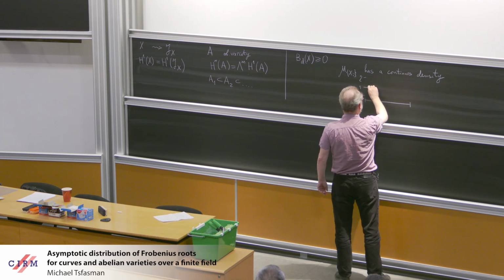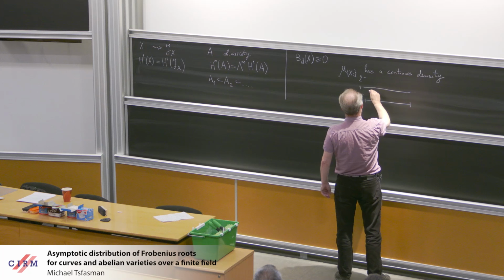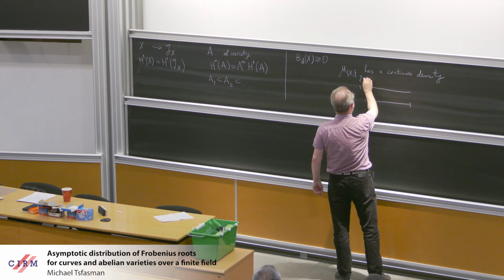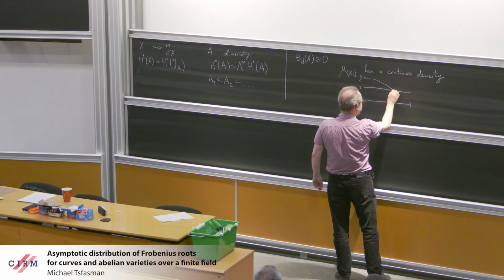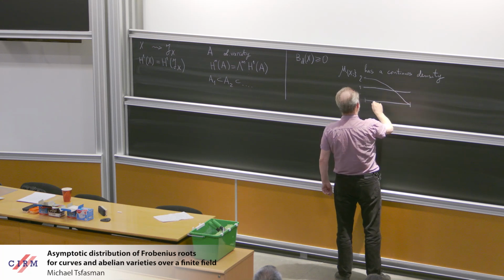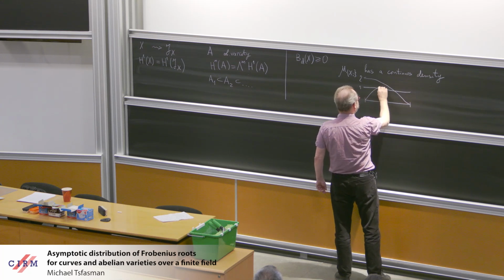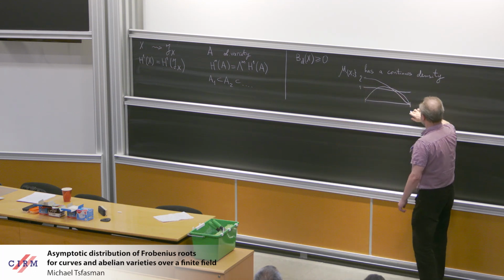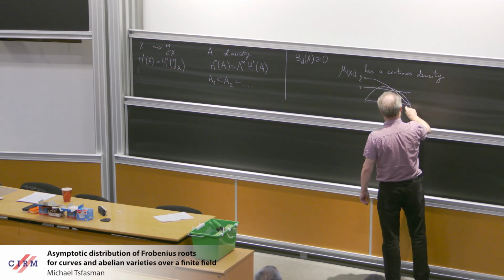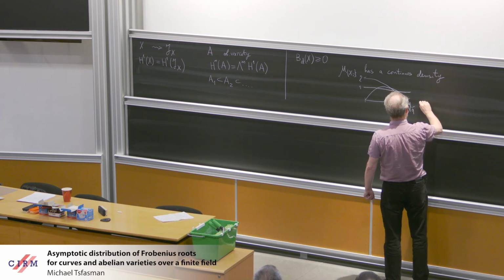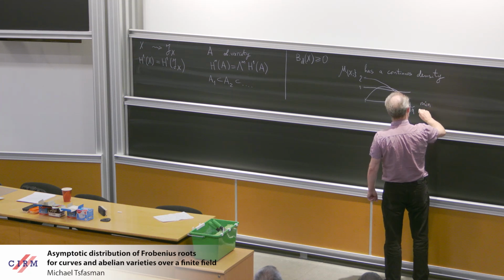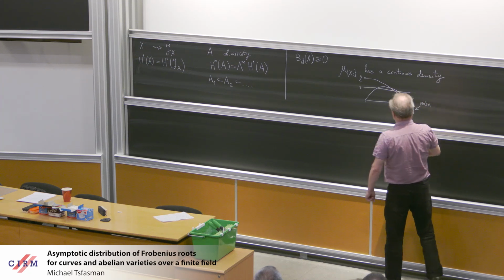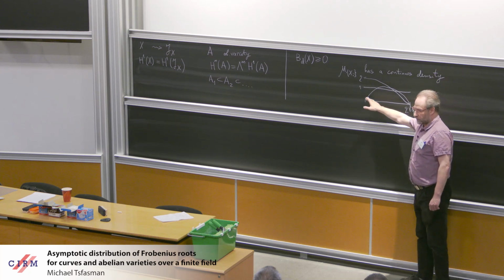So it can be constant. It can look like this. It can look like this. But what we know is that at this point, at 2 square root of q, there is always the minimum of this density. Maybe not the only one, as we see here.